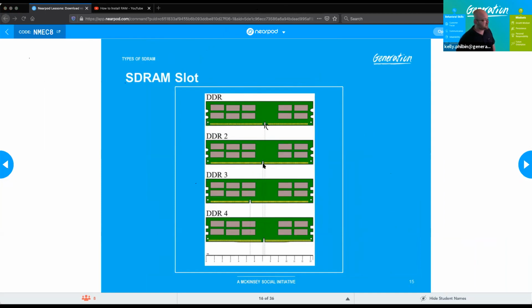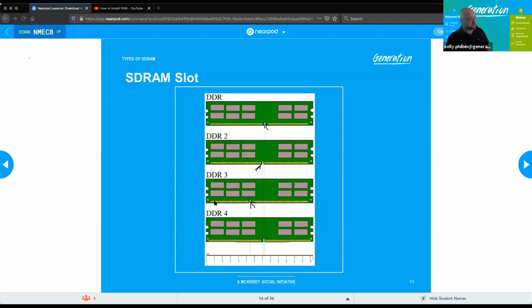They've moved it to a different location, here, here, so you don't accidentally use the wrong generation RAM in whatever motherboard you're operating, because it won't be able to function if you use the wrong generation.